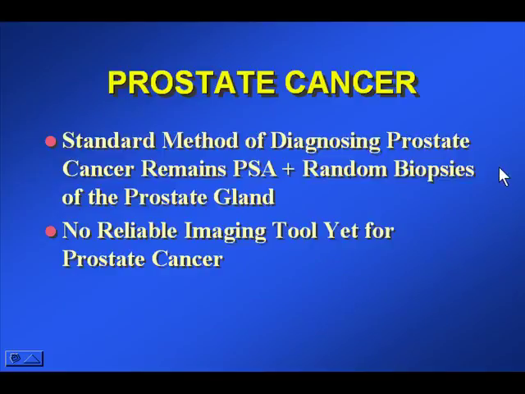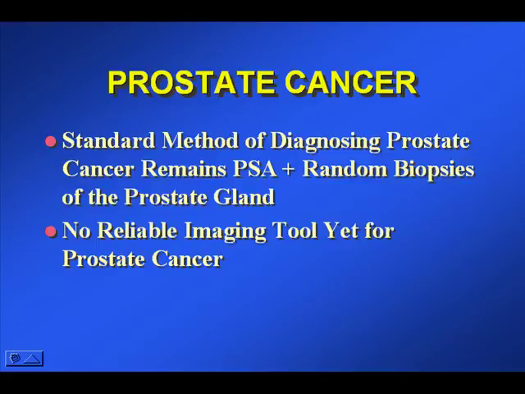Prostate cancer is another area that can be examined, where elastography may be of help. Prostate cancer was actually the first type of lesion that was imaged using elastography, back in 1990-91. And the current methods of diagnosing prostate cancer remain an elevated prostate-specific antigen, or PSA, plus random biopsies of the prostate gland, with the biopsies being guided by ultrasound.